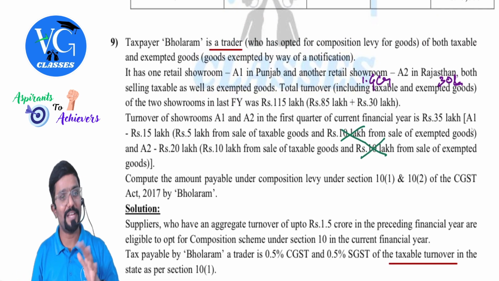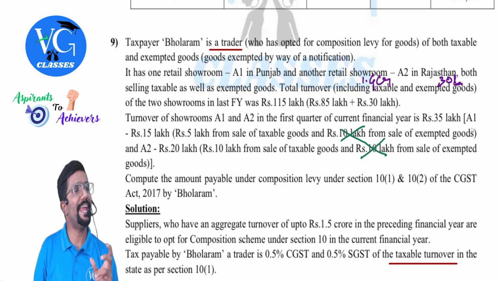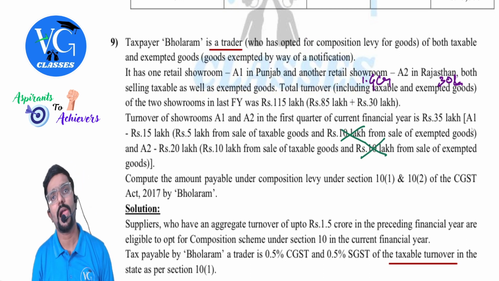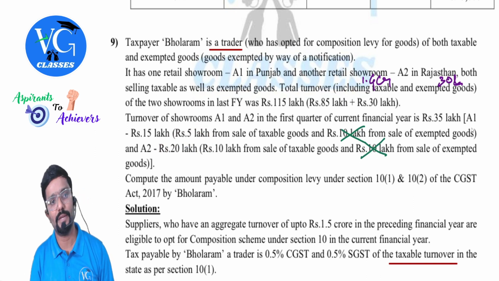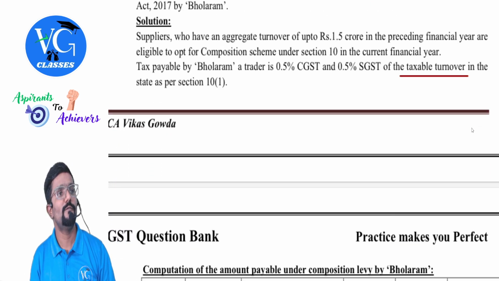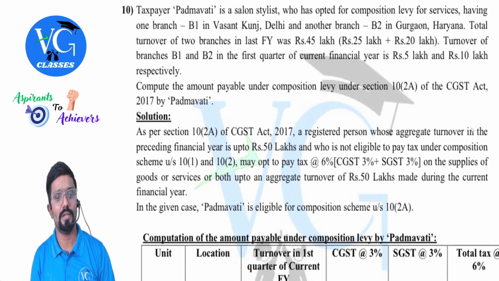A1 in Punjab, and on rupees 20 lakh for A2 in Rajasthan.